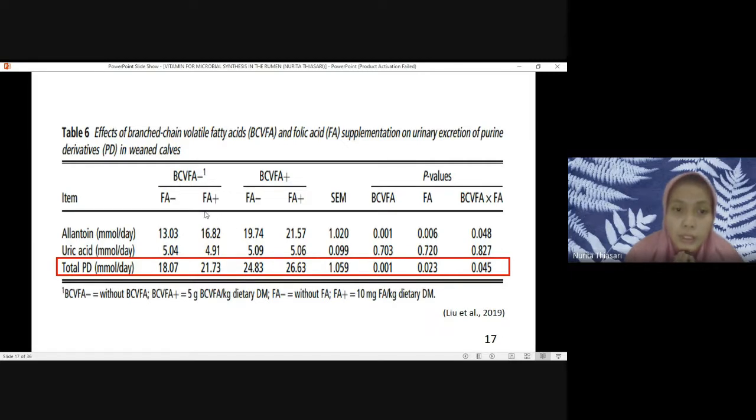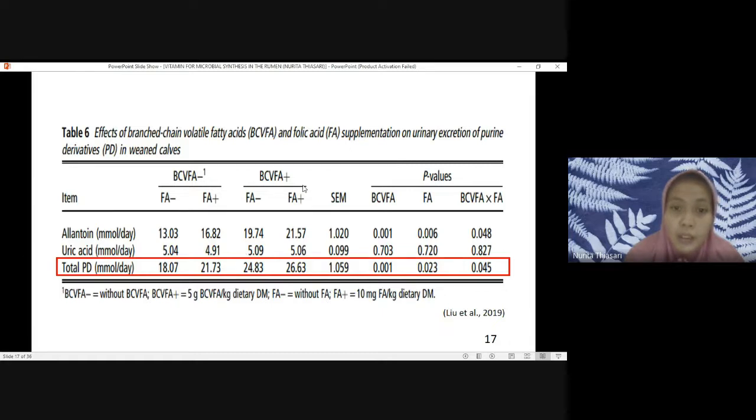And then for each of the BCVFA, with and without the addition of folic acid, we can see that without folic acid it has the lowest total PD compared with the addition of folic acid.